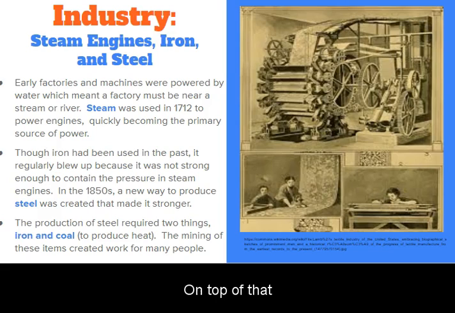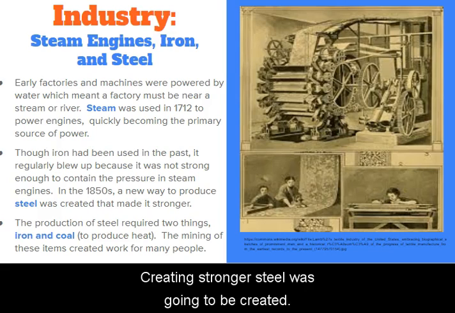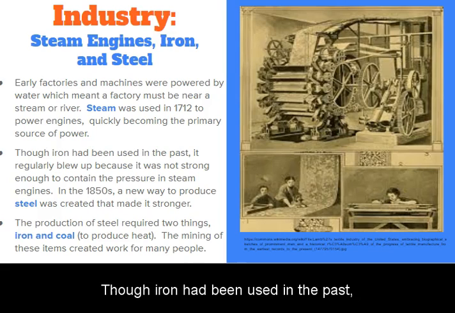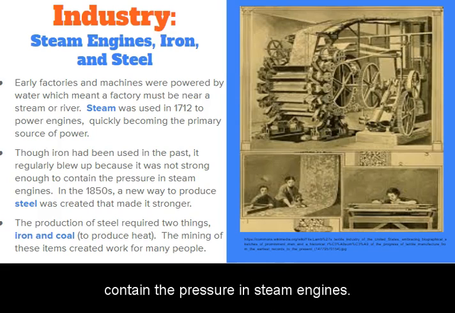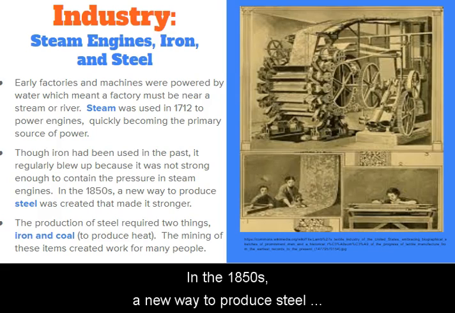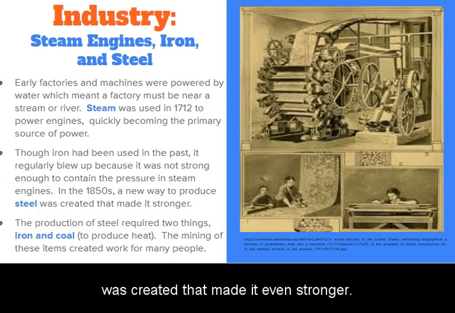On top of that, a new way of creating stronger steel was going to be created. Though iron had been used in the past, it regularly blew up because it was not strong enough to contain the pressure in steam engines. In the 1850s, a new way to produce steel was created that made it even stronger.